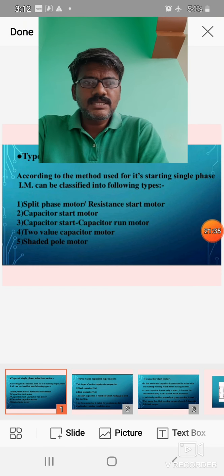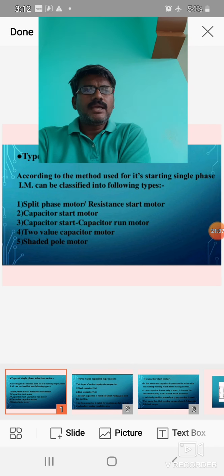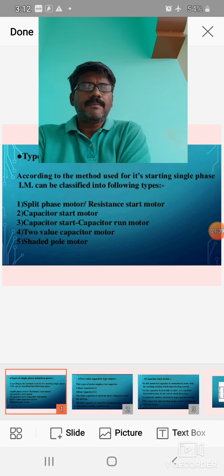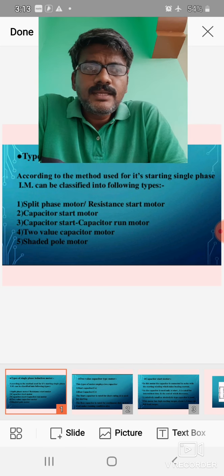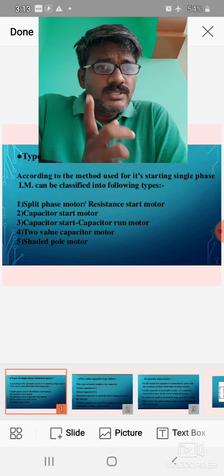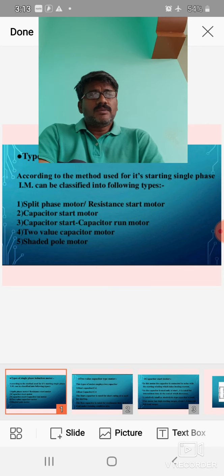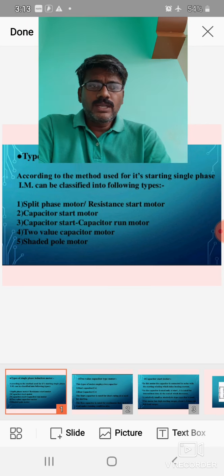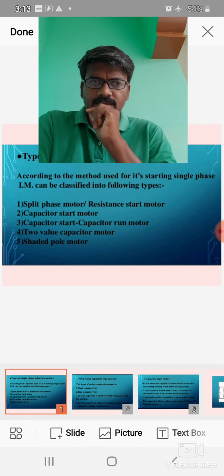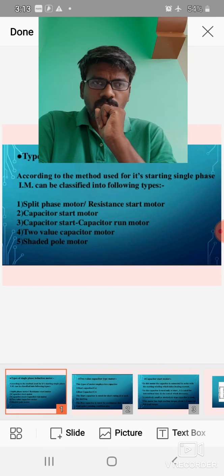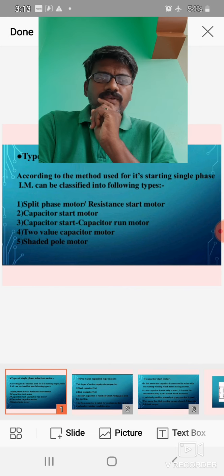The next one is the capacitor start and capacitor run motor. There is one more disadvantage in the capacitor start motor. The advantage is high starting torque, but we get poor efficiency and poor power factor.